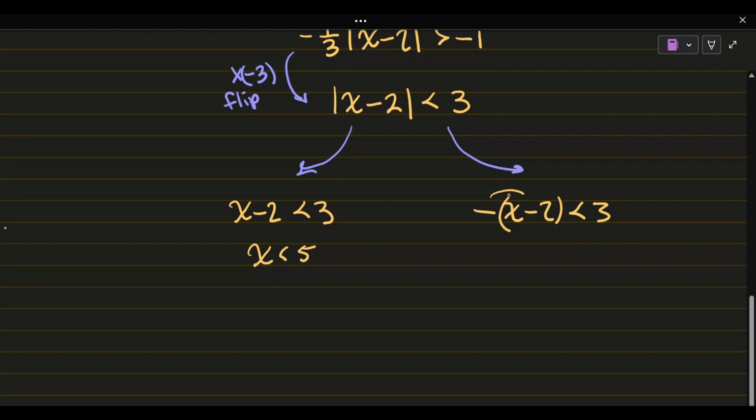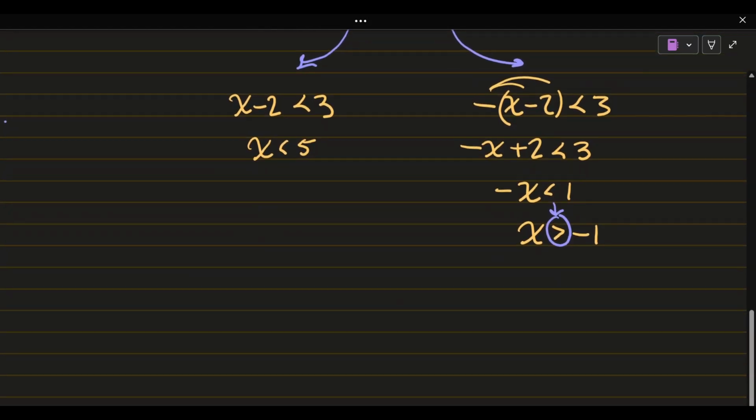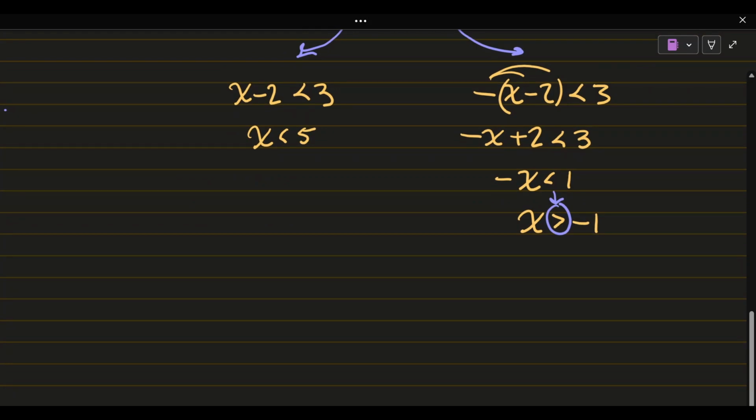And on the right hand, I can distribute this negative and get negative x plus 2 less than 3. Subtracting 2 from both sides, negative x is less than 1. Multiplying both sides by -1, I get that x is greater than -1. Remember, multiplying by a negative flips the sign. So this tells me that x is less than 5 and strictly greater than -1.